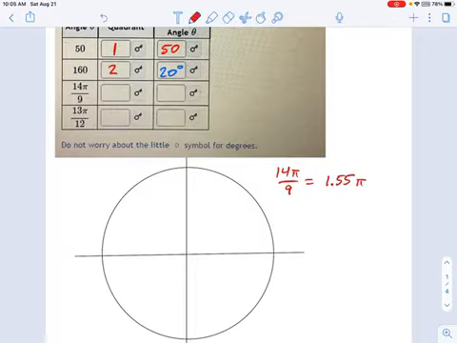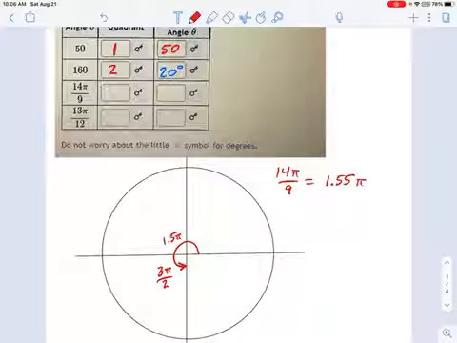What else can I say? I can say that this is 3/4 of the way around the unit circle, or in other words, 1.5 pi. You're more used to thinking about it as 3 pi over 2. That's 1.5 pi. So 1.55 pi is just a tiny bit more than that. We're talking something like this.